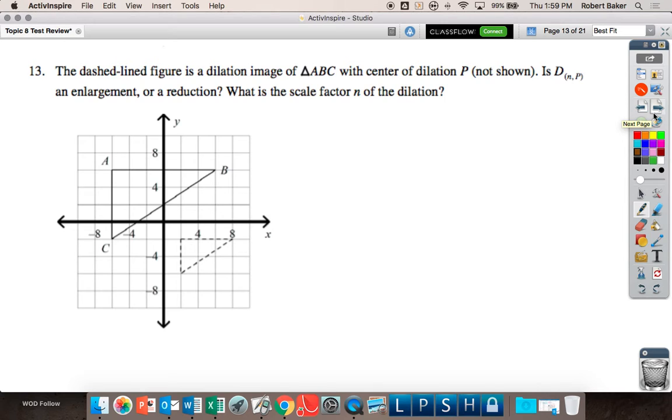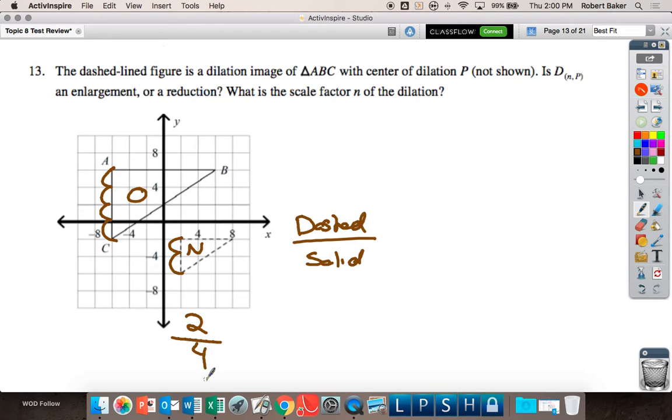Same thing here. The dashed line figure is a dilation of the solid line figure. So this is the new shape, this is the old shape. So we're looking for dashed over solid again. It doesn't matter how you count this. You might be able to make a mistake and still get lucky. How long is this line? 4. Now, if you made a mistake and said 2, what if you did this? 1, 2, 3, 4.